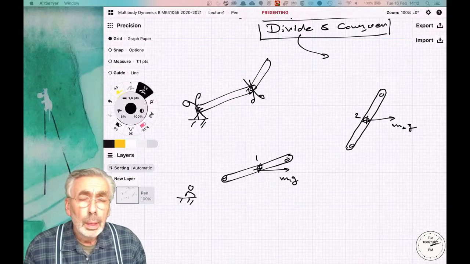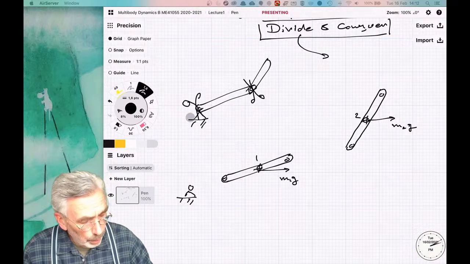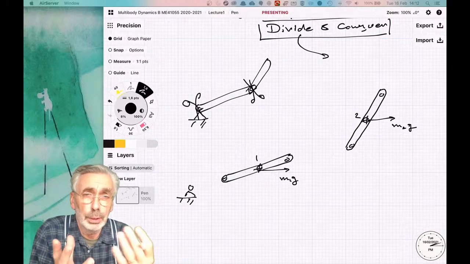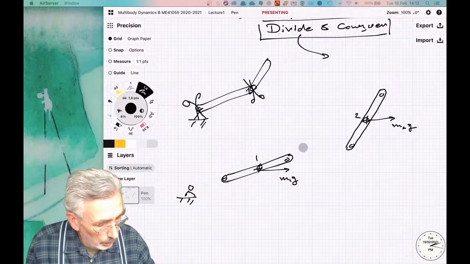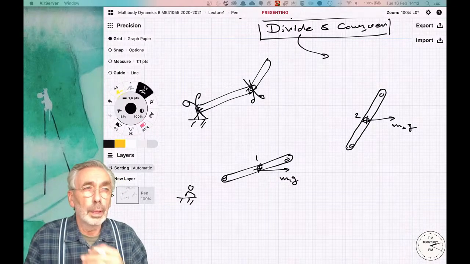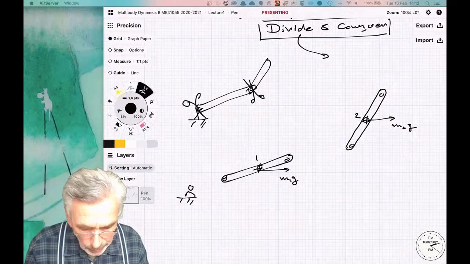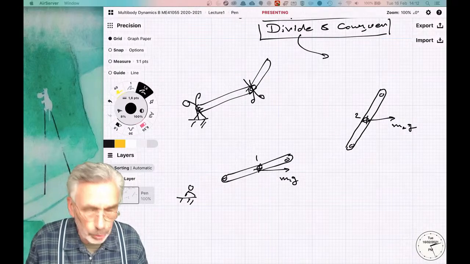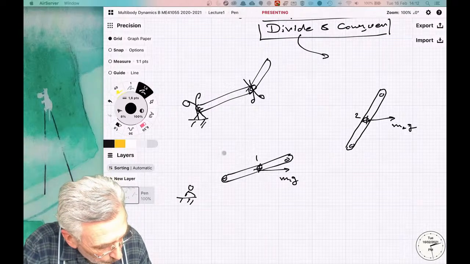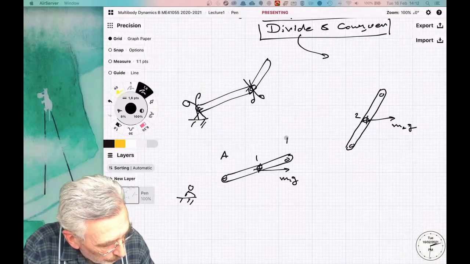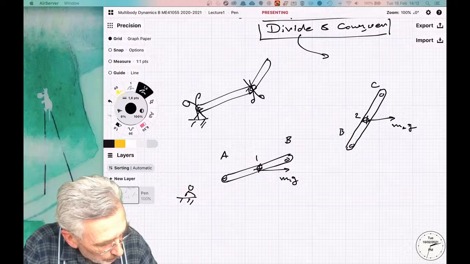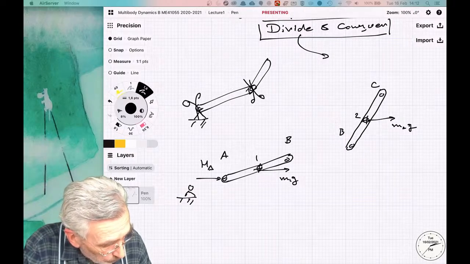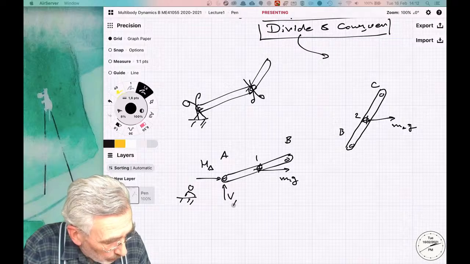But, as we said before, when we make these cuts, then there are apparently forces here, otherwise it will not stay together. And similarly here. Now, there are no torques, but there are forces there. And which forces? Well, we don't know. Unknown joint forces. So this was point A, this was point B, this was C. Apparently there's a horizontal force in A here, and a vertical force in A here.